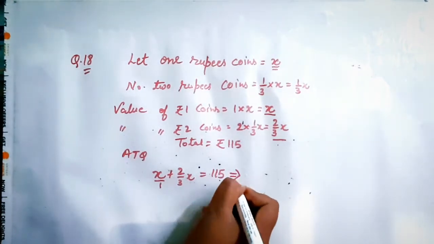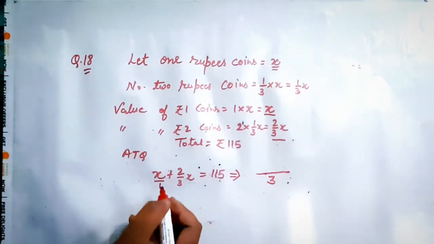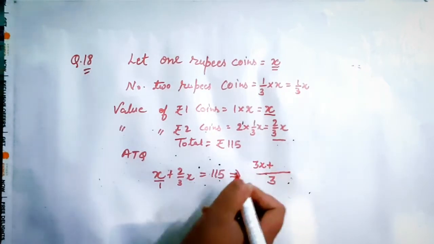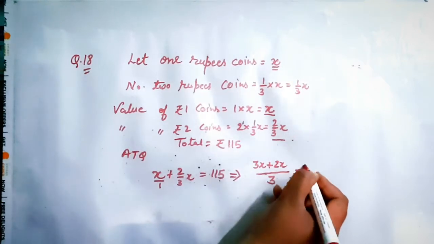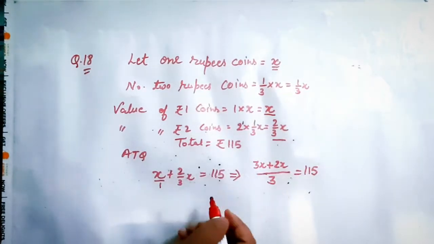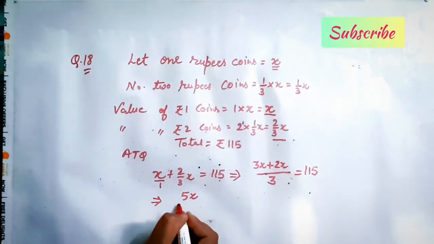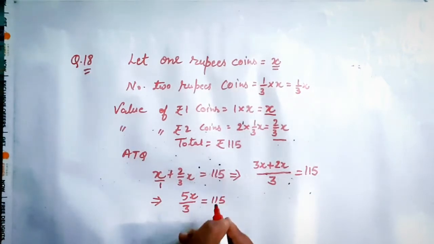LCM is 3, and 3 ones are 3x plus 2 ones are 2x equals 115. Then 3 plus 2 will be 5x upon 3 equals 115.